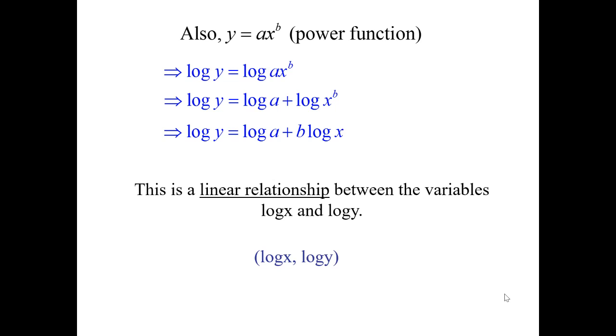I can apply another rule, so that log x to the b becomes b times log x. This is also a linear relationship. b is a constant, log a is just another constant, so I have a constant rate of change. But the linear relationship is between the variables log of x and log of y, not between x and y.